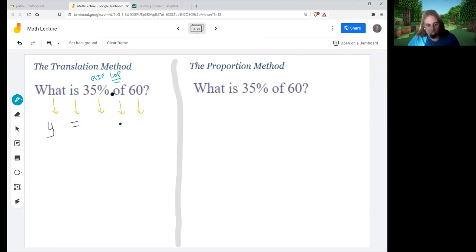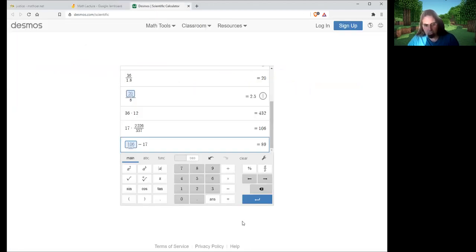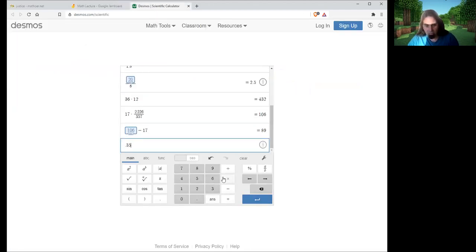We're going out of percent, so left out of percent. So that's going to be just 0.35. And 60 doesn't really need translating, it's just a 60. And when I solve this, 0.35 times 60 gives me 21.